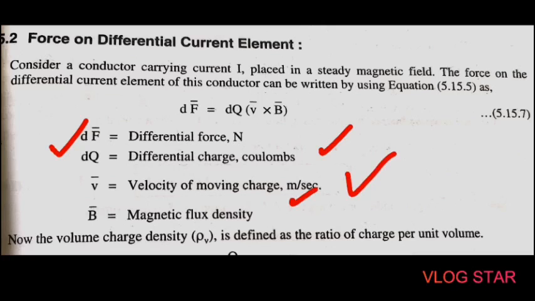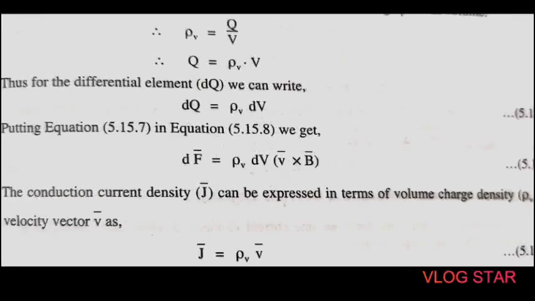So here basically we have to express this equation in terms of volume charge density, which is denoted by rho V, and we know that this rho V is simply the ratio of charge per unit volume, that is Q divided by V. In the next slide we can say this rho V is simply the ratio of charge per unit volume.